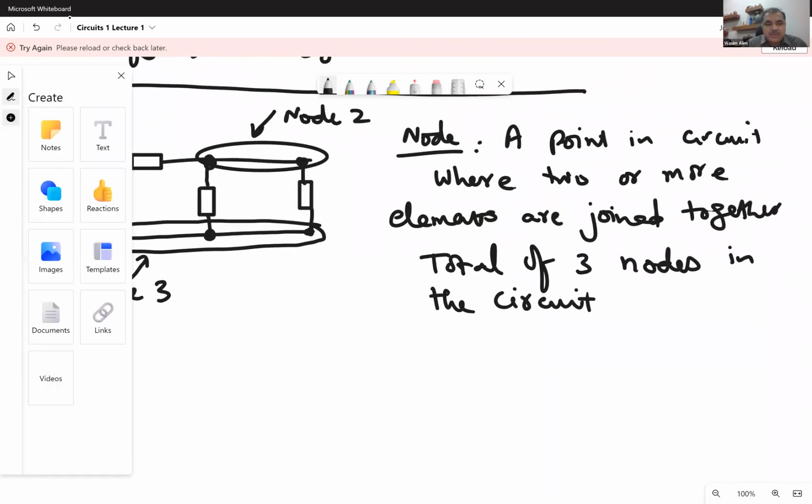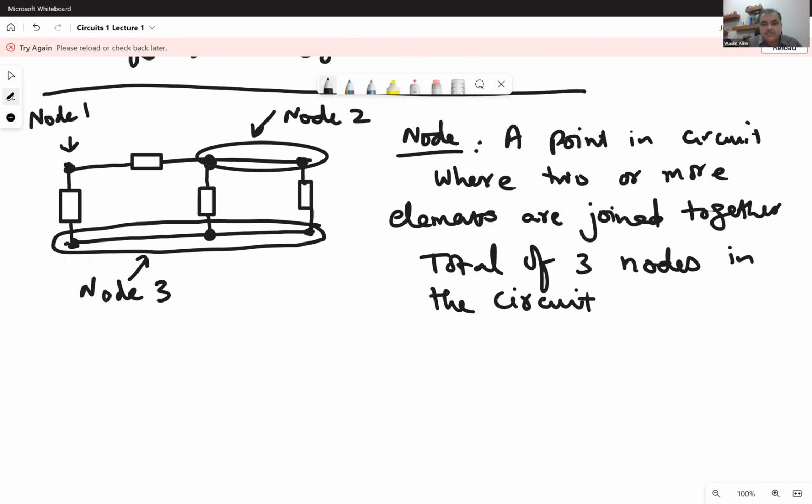Let's consider loops. Let's define the loop first, and then we'll see how many loops we have in the circuit. Any closed path in a circuit is called a loop. Okay, any closed path.